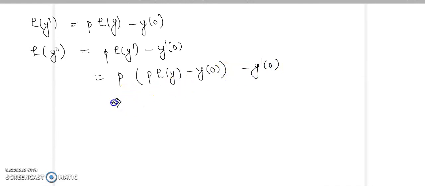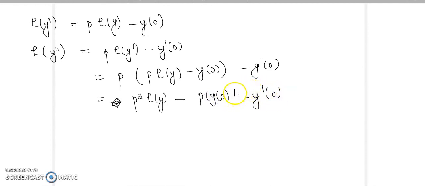So you are going to get p square L of y minus p y of 0 minus y dash of 0. So that is going to be the value of L of y double dash.